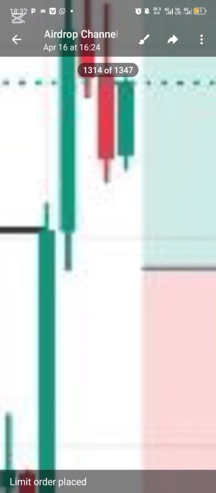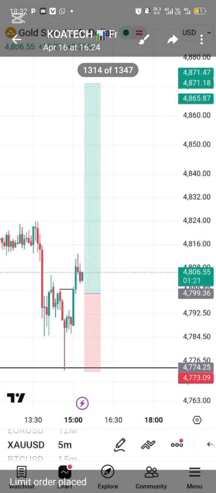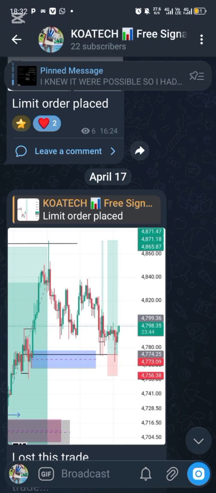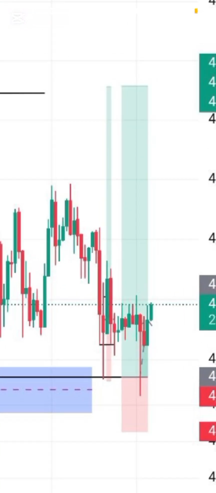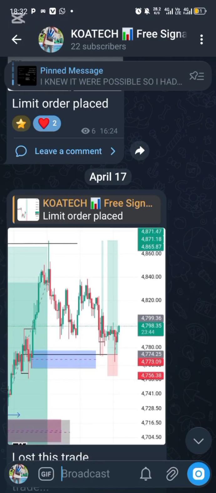Now look at when I placed the limit order, and look at what happened. It triggered at first, and I was like, this is a sniper entry, but later it came back to SL using me as liquidity.